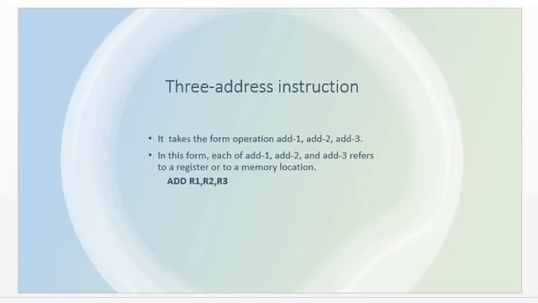So this instruction indicates that the operation to be performed is an addition, and that the values to be added are stored in register 1 and register 2, and the result is to be stored in register 3. An example is add R1, R2, R3, meaning the operation to be performed is an addition where we are adding register 1 and register 2 and storing the result of the operation in register 3. That's a 3 address instruction for you.